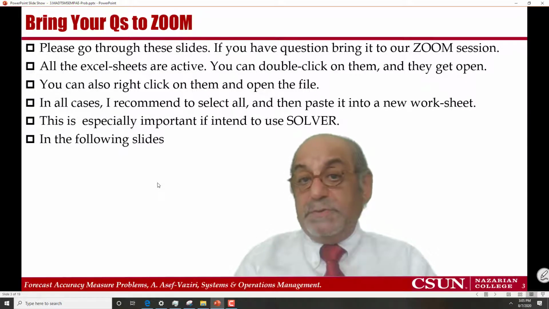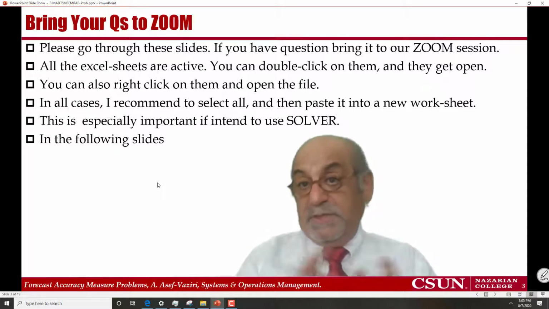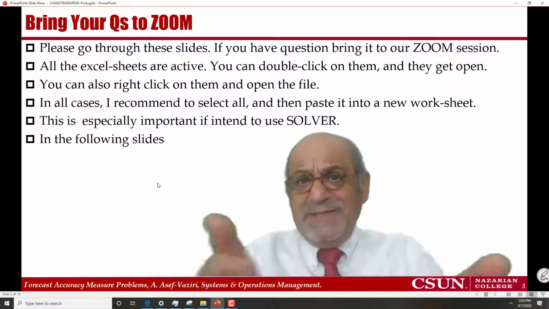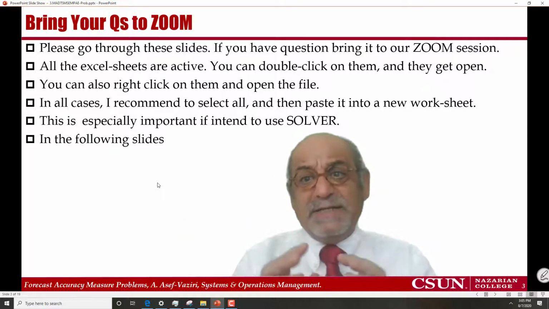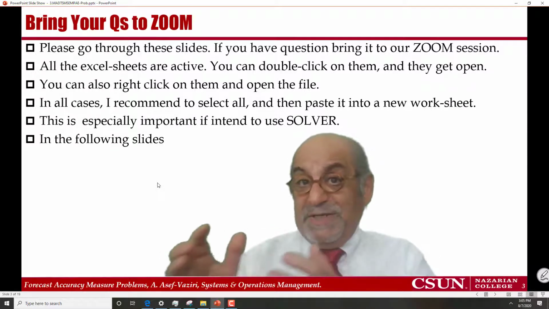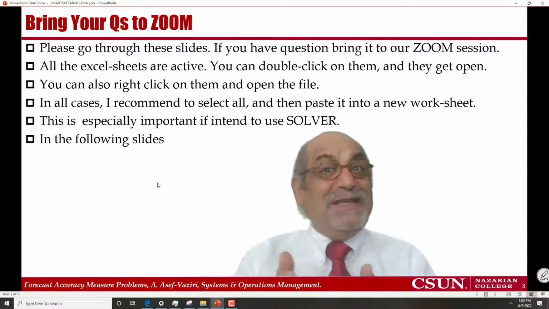Please go through these slides. If you have questions, bring them to our Zoom sessions. Please note that all Excel sheets within these PowerPoint slides are active. So if you double click on them, they open themselves and you can edit them and do computations. At the same time, you can right click on them and open the Excel object. But if you do this second one, be sure not to save it.